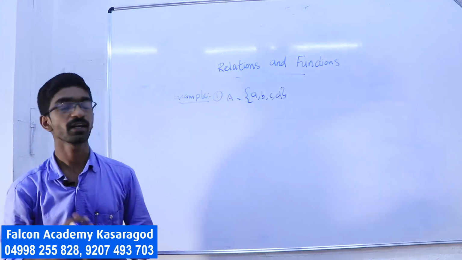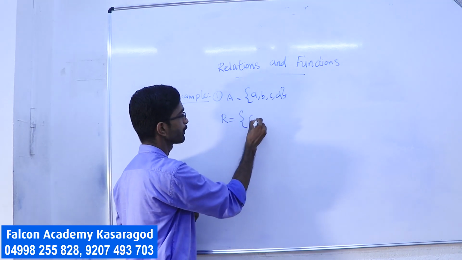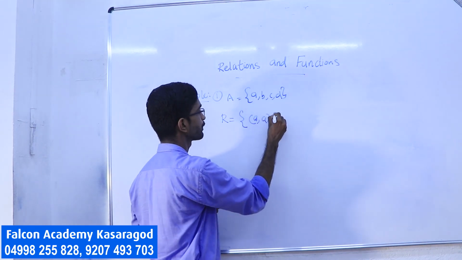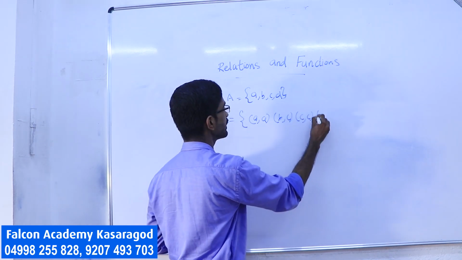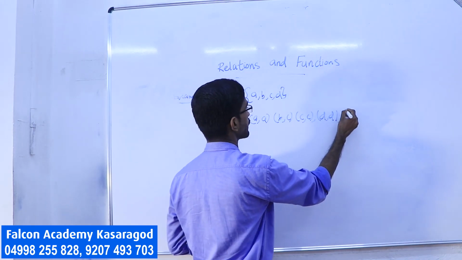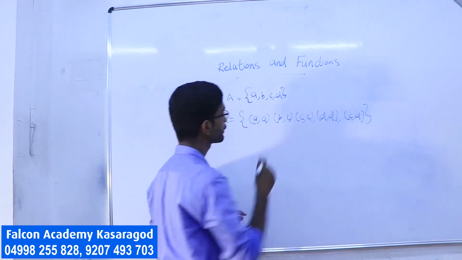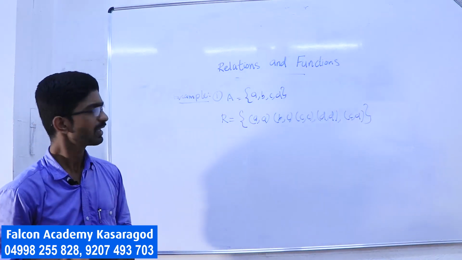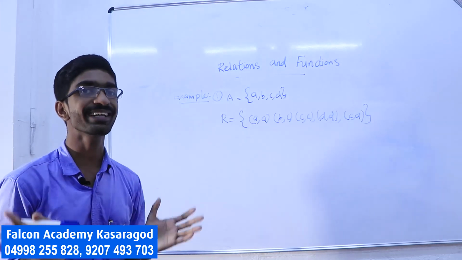Given the relation R on A as the set of all aa, bc, cc, dd, cd. Okay, now see, we have to check whether it is reflexive, symmetric or transitive.